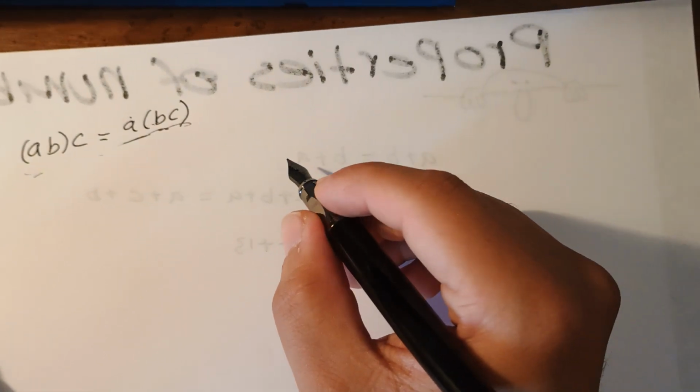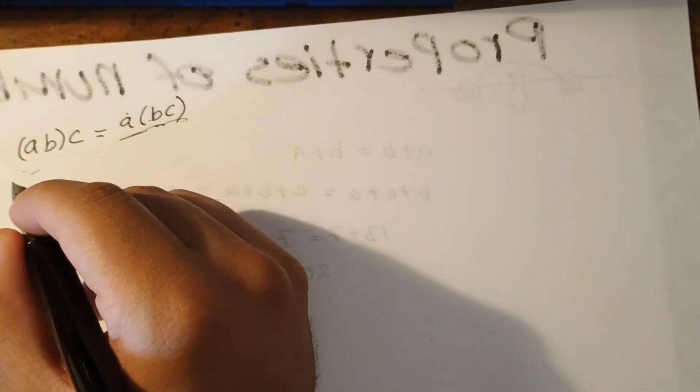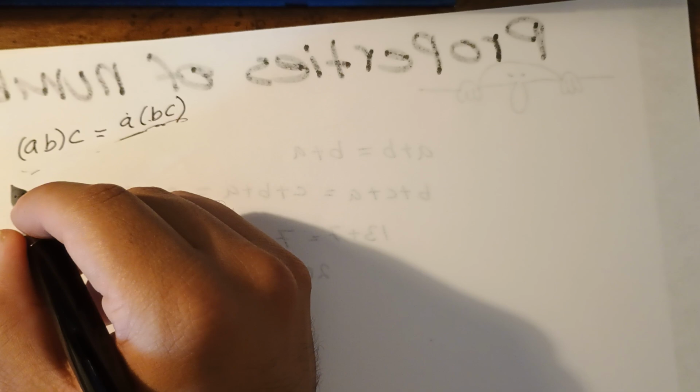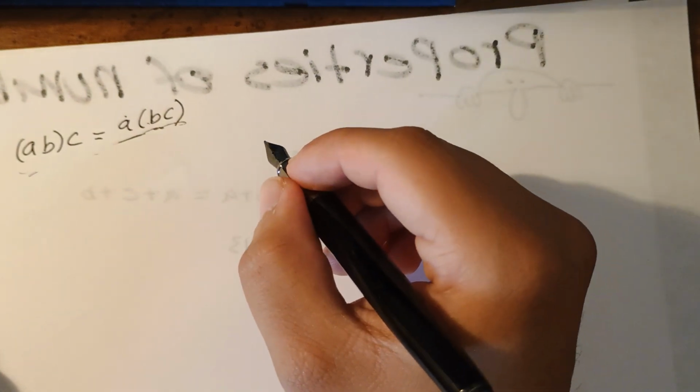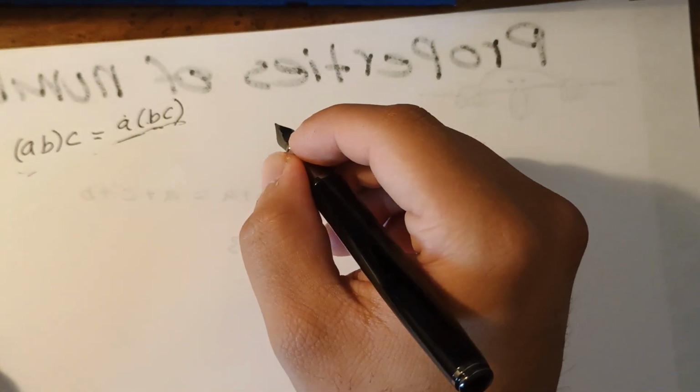The next topic of discussion is the distributive property of multiplication over addition.